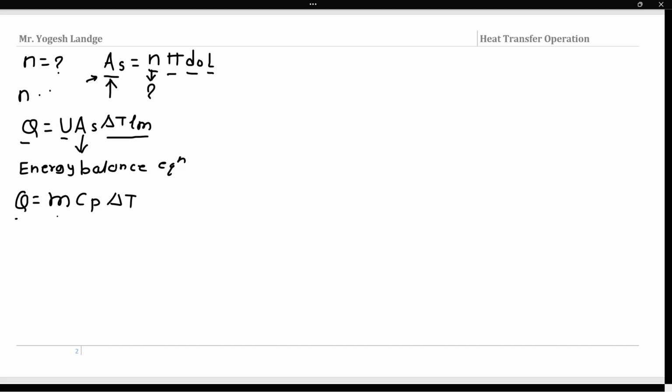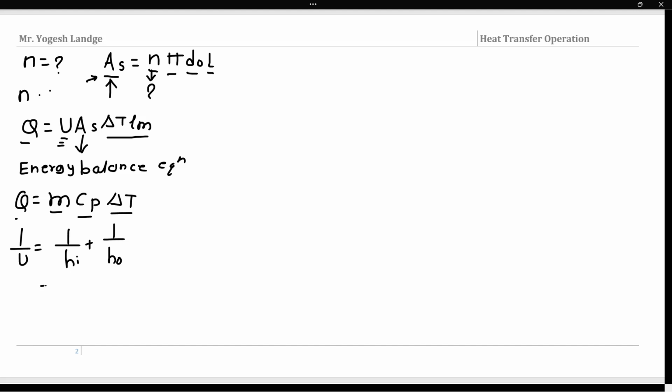In our problem, we know the mass flow rate, the specific heat, as well as the temperature difference, so I can easily calculate the energy balance equation. Now focus on U. How do I calculate this U? I can calculate this U value with the formula 1 upon U equals 1 upon h1, or we say h_i, plus 1 upon h_o.